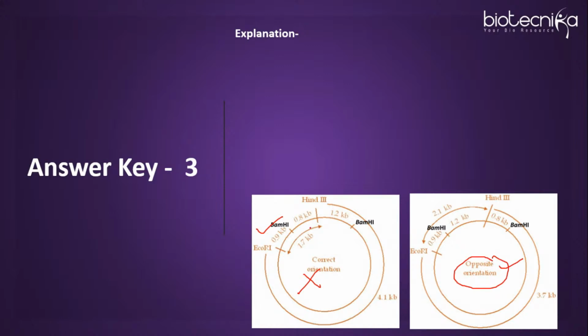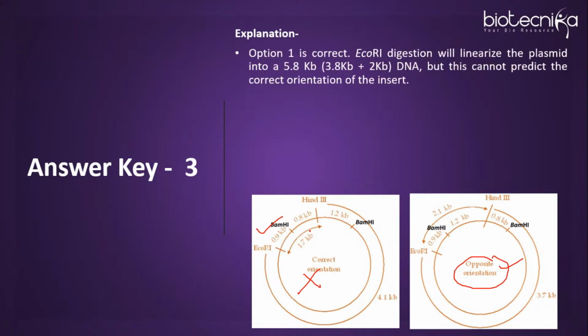So what is the first statement? That if you perform the digestion with EcoRI, it will linearize the plasmid into 5.8 kb. Is it correct? Let's check. So this is the EcoRI site. If I perform the digestion from here, just assume it's a circular thread, and you cut it with a scissor at this point.